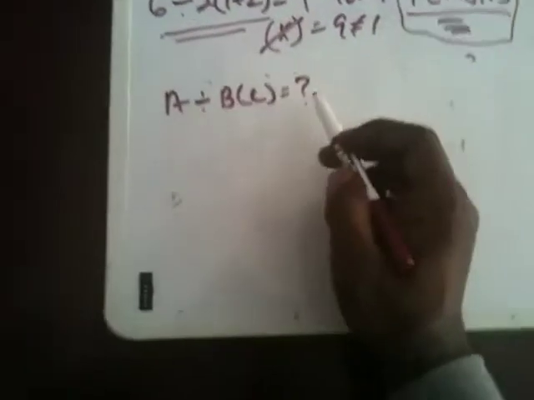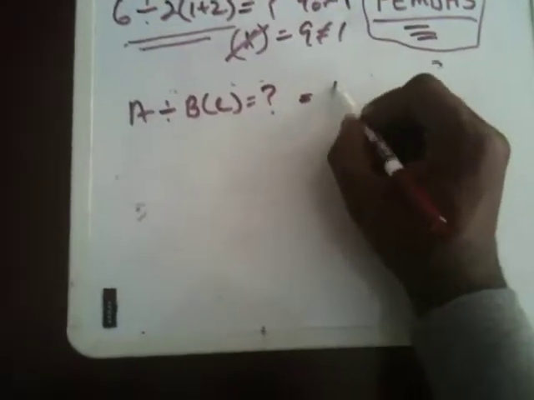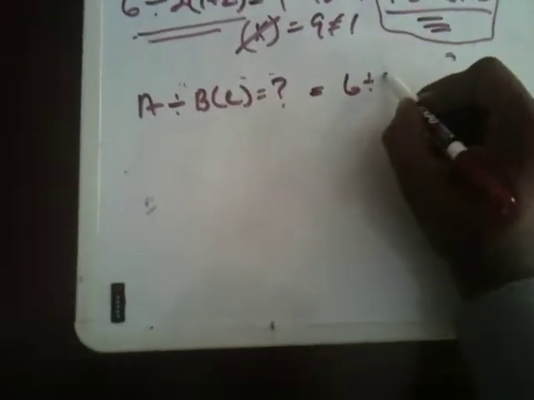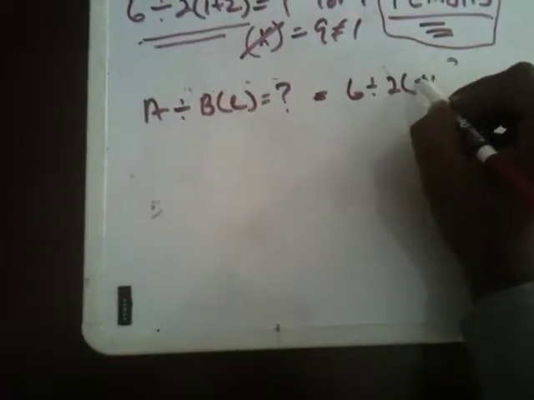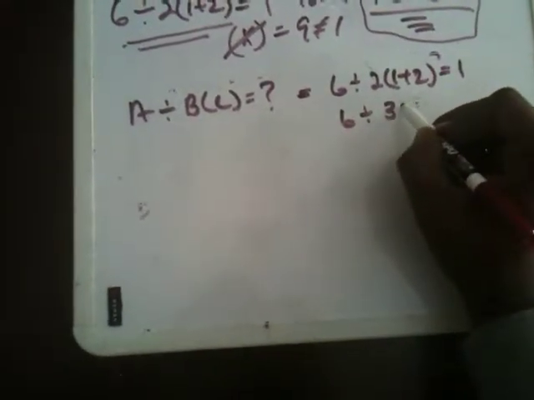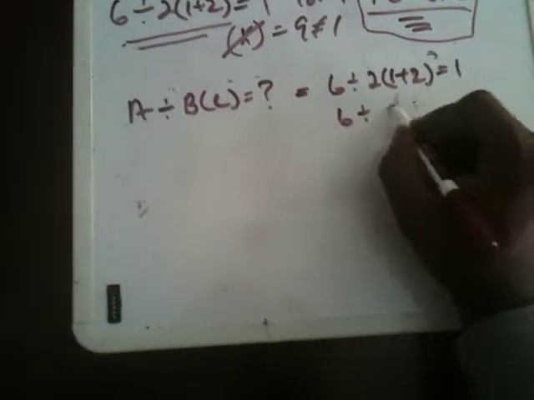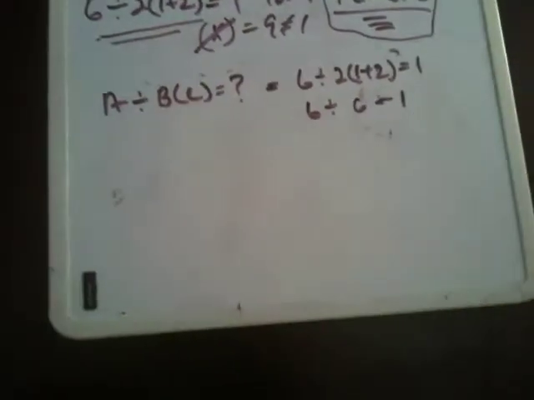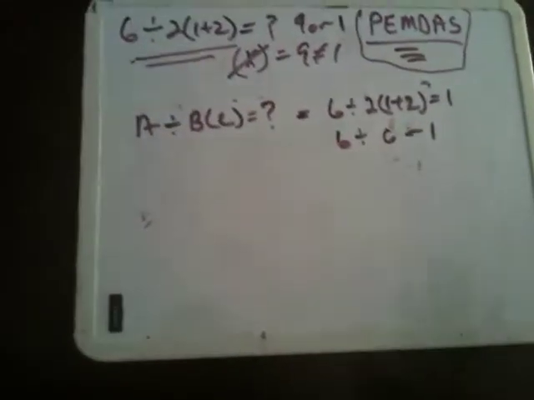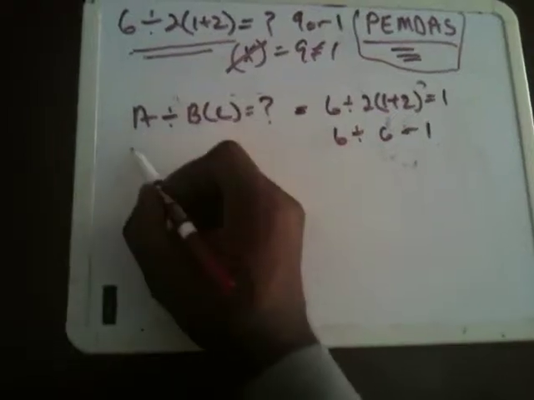So if we take it like that, we can always get 6 divided by 2 plus 1 plus 2 is equal to 1, because 6 divided by 6 is always going to equal 1. Now, it's easy for me to write that, but you get the premise of how I get that. Now, the other way you can look at it is like this.